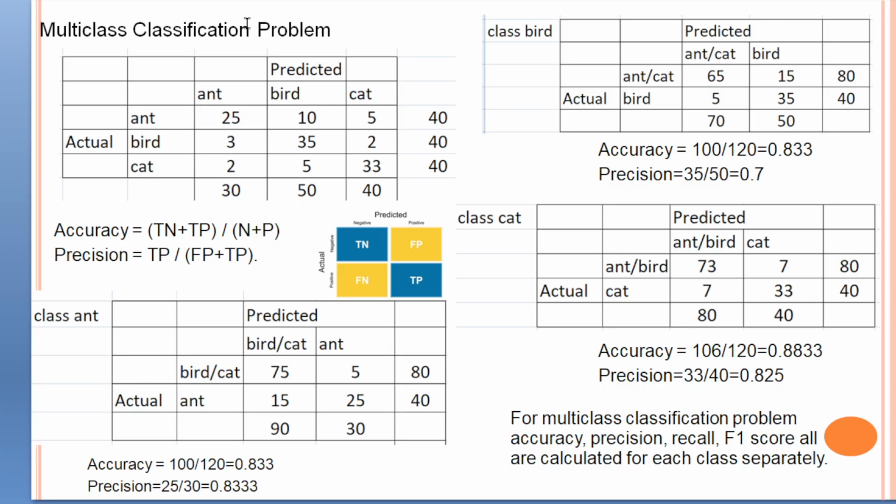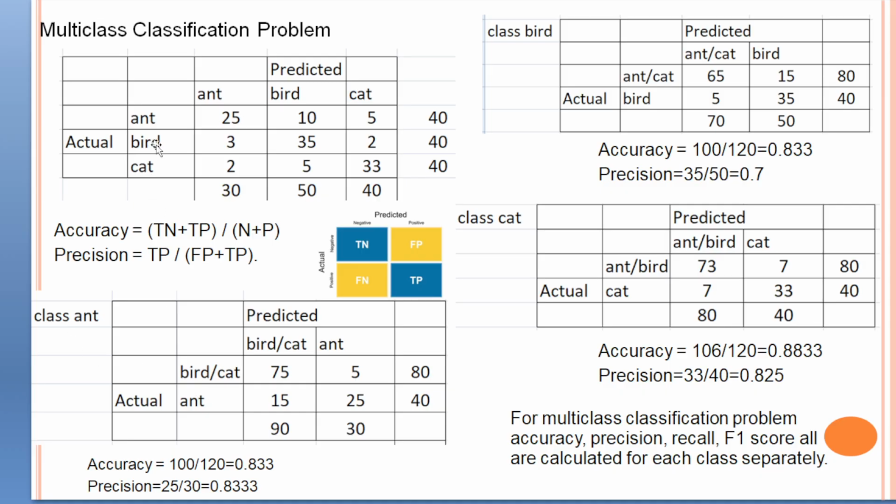So what we do is we modify this confusion matrix for three classes into a confusion matrix for two classes. Now first class is ant, so this is for class ant. So in actual, what is negative? If the class is not ant, then it is negative.